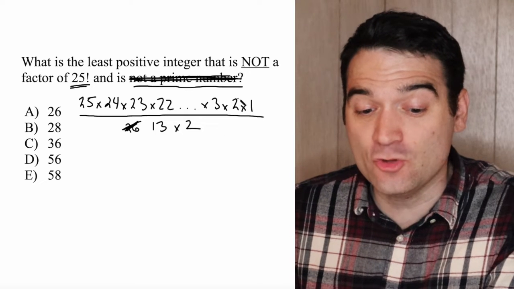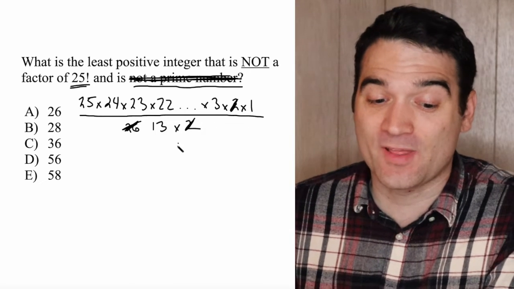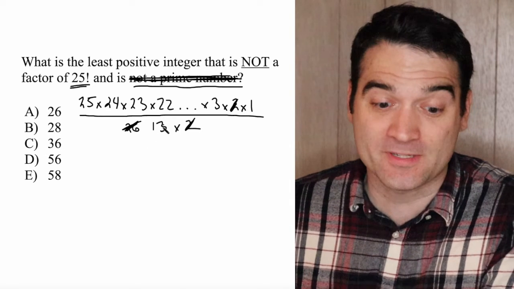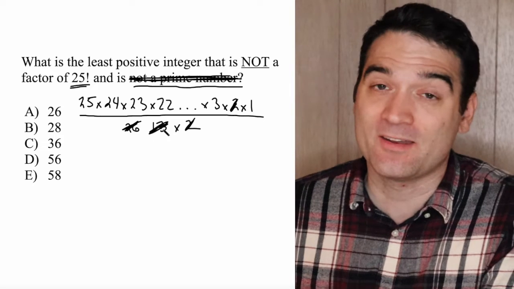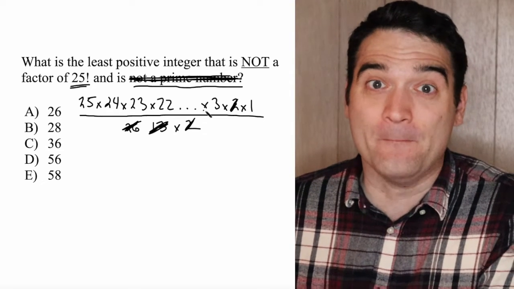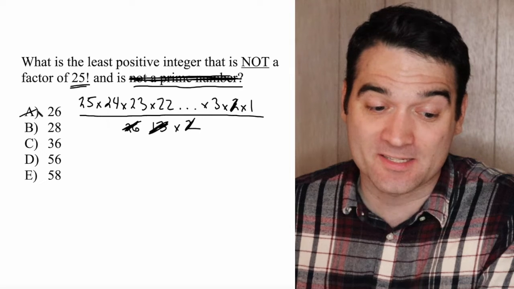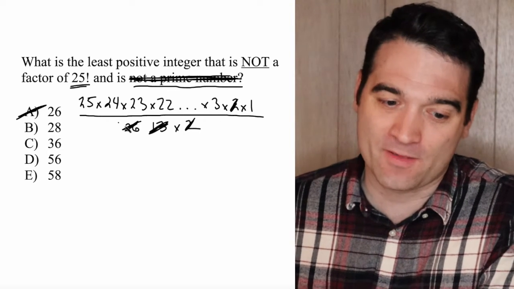And I have a 2 up here, I'll chop that out. And I have a 2 down here, so that goes away. And in this ellipses right here, I have a 13, and I have a 13 on the bottom as well. So those cancel out. And what I'm left with is some big number. So I can say, yes, it is in fact divisible by 26. So that's out, right? We're looking for the integer that is not a factor of 25 factorial.